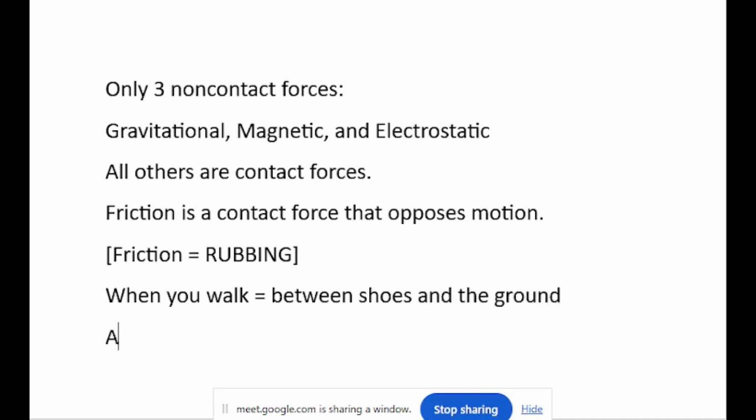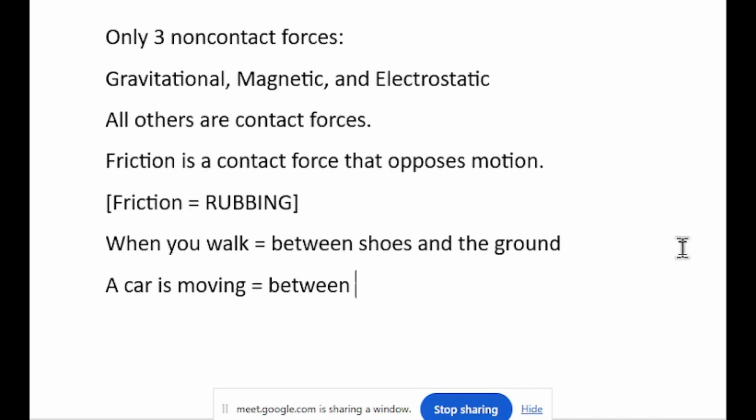A car is moving. So what happens? Where is the rubbing? When a car is moving, the rubbing will be between the rubber tire and the road.